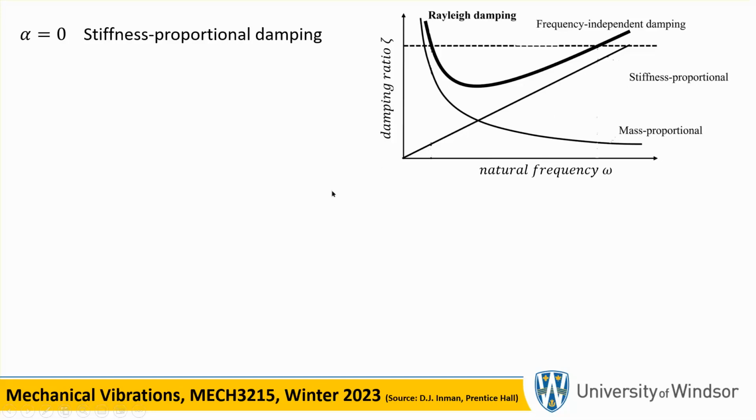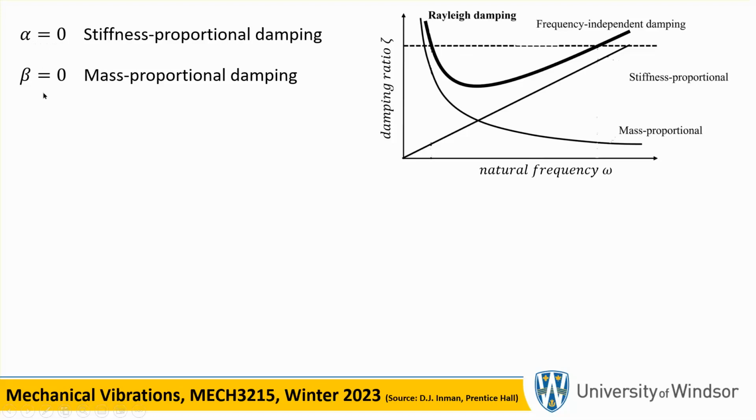On the other hand, when beta is equal to 0, then that linearity goes away and you're going to have zeta equal to alpha times 1 over 2 omega. If you do that, you're going to get a hyperbola like this. So this corresponds to where beta is 0.